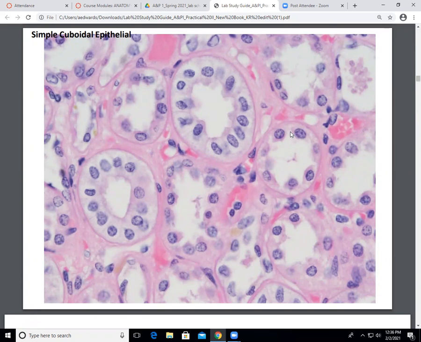Okay? So it's not perfect cubes, but close, right? And you have to be kind of creative, right? Because it's not going to be, again, perfect cubes.